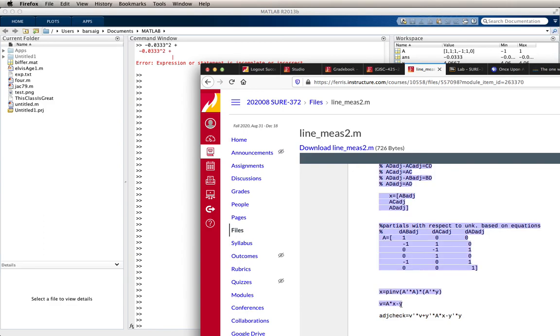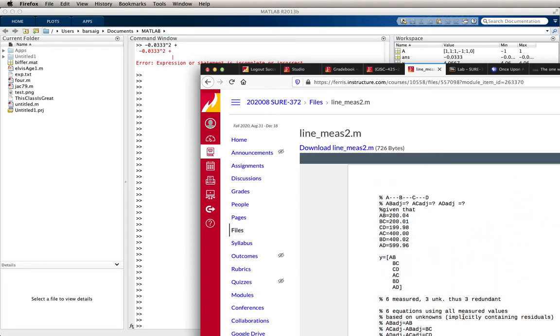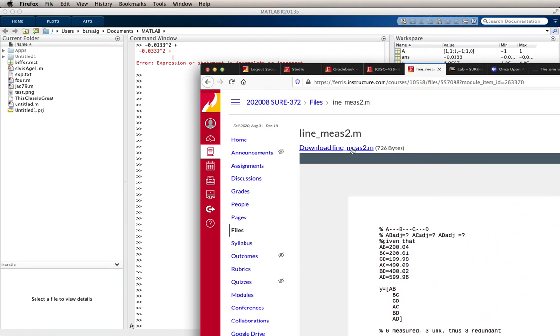Then calculate the residuals, and here's an adjustment check if this is a small number. V transpose times V plus this. This is just kind of an FYI, and let's see how this works. So I'll download this.